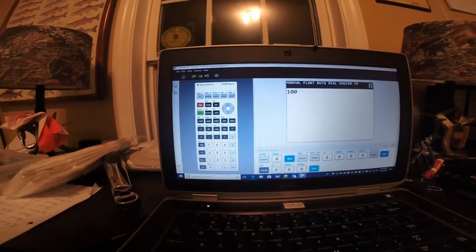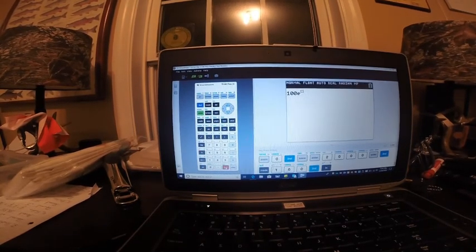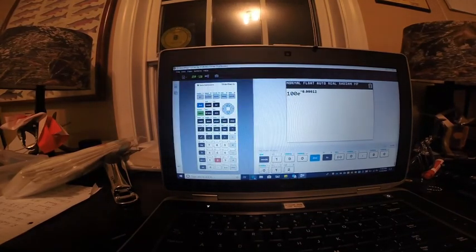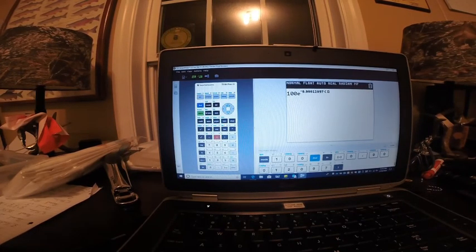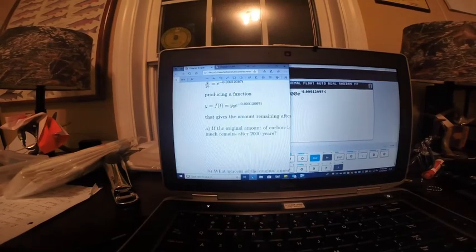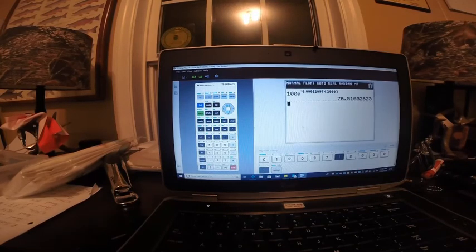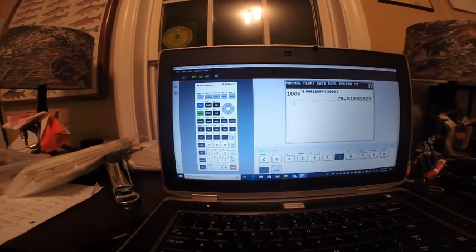We could do e raised to the negative 0.0001297. X here was 2000 that we were plugging in for it. Then you wind up getting the same thing, 78.51.